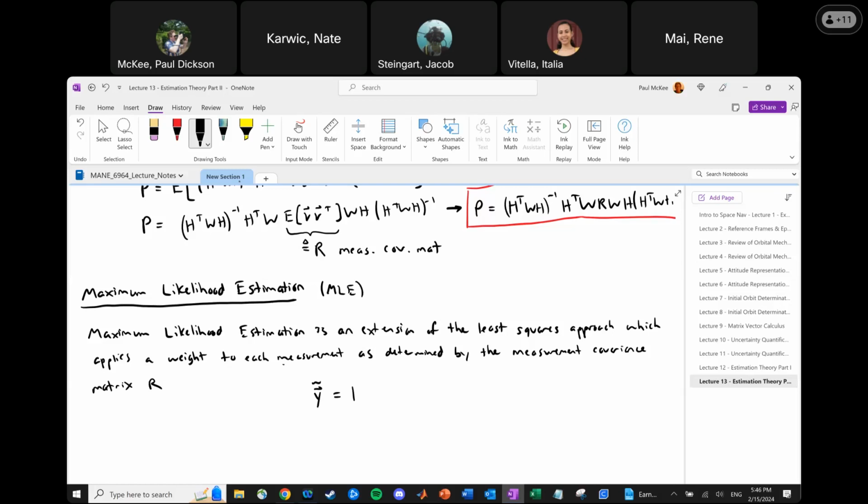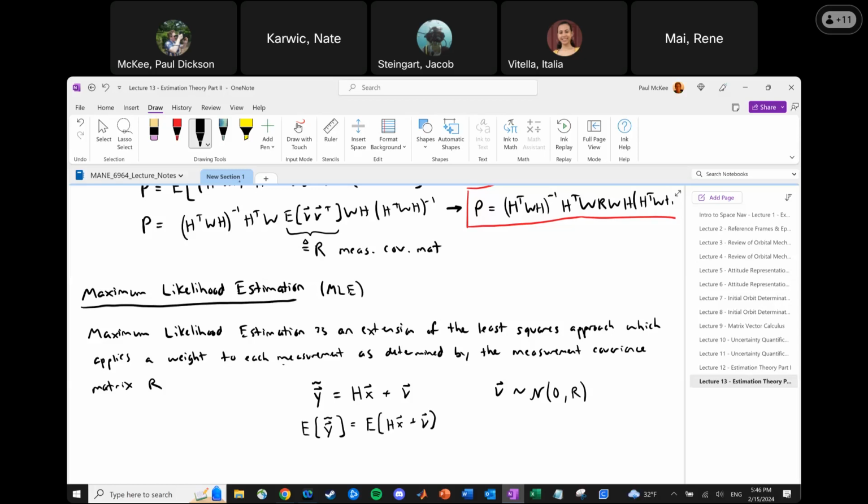Y is equal to Hx plus nu, where, as a reminder, nu, our noise vector, is a random vector which is distributed as a Gaussian, having zero mean and a covariance of R, our measurement covariance matrix. Okay, so our expected value of Y is equal to the expected value of Hx plus nu.